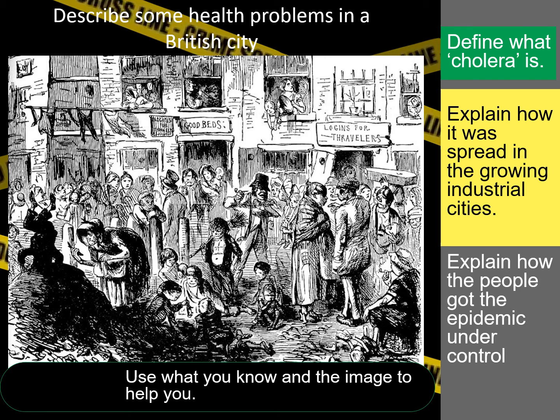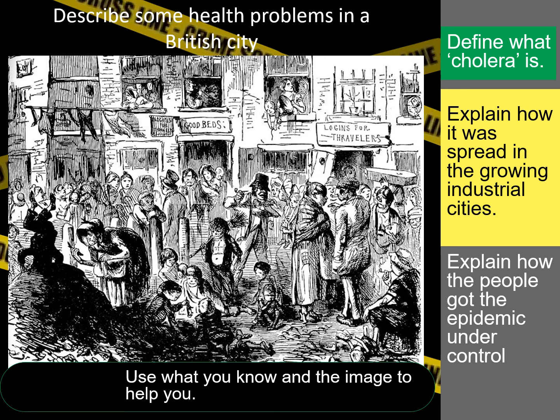So if you were thinking about how cholera spread in these growing cities, the industrial cities were a perfect place for it because there were a lot of different health problems. So here's a quick task for you to do in your jotters or wherever you're writing your notes, or if you're typing them: think about all of the different health problems that you think you could see in a British city at this point in time, and you can use this diagram to help you.